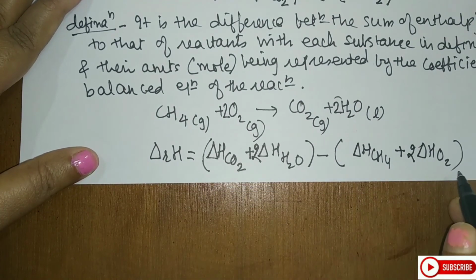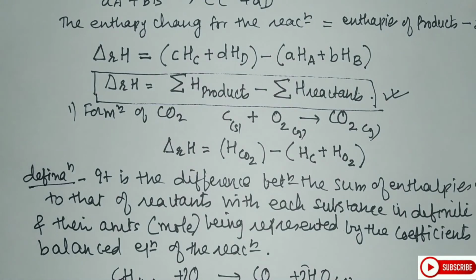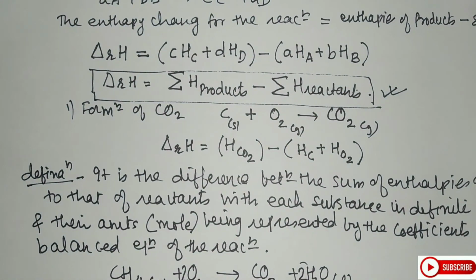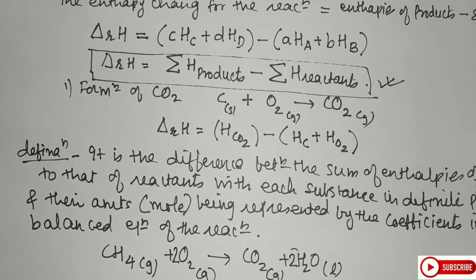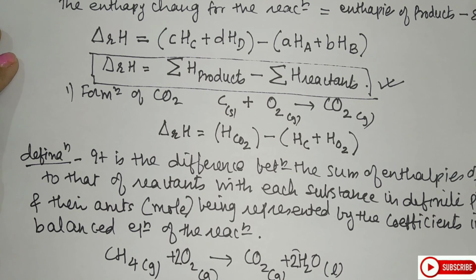So this is how you have to form the formula. So this is all about the enthalpy of chemical reaction. It is simply the difference between the total enthalpies of the products to that of the total enthalpies of the reactants. But for that, the reaction must be balanced. I hope you have understood what is enthalpy of chemical reaction.